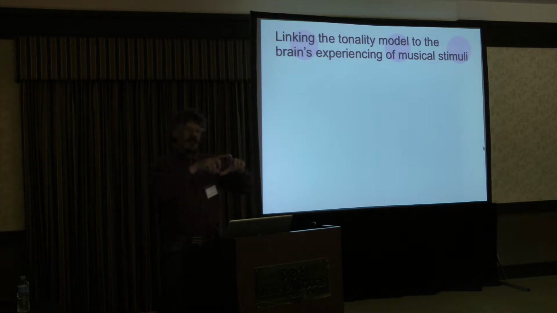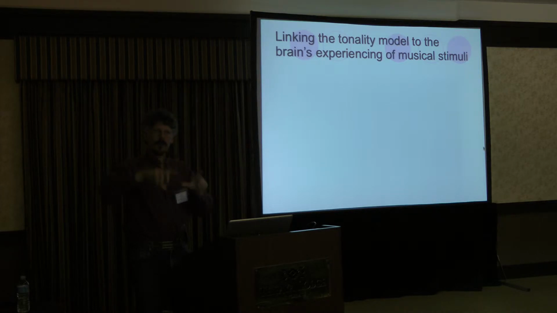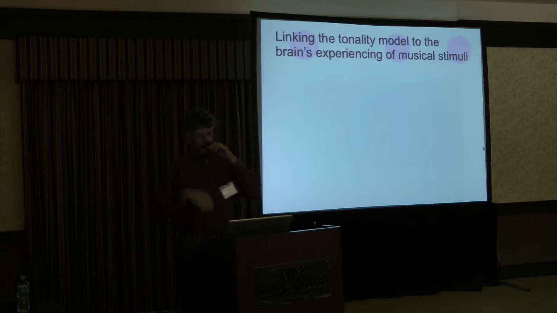But then the other constraint are the minor keys, and the fact that a major key is related to two minor keys. It's related to the parallel minor, which shares the same tonic, but a fairly different set of pitch classes. And then it's also related to the relative minor, which has a different tonic, but it shares all the same pitch classes.